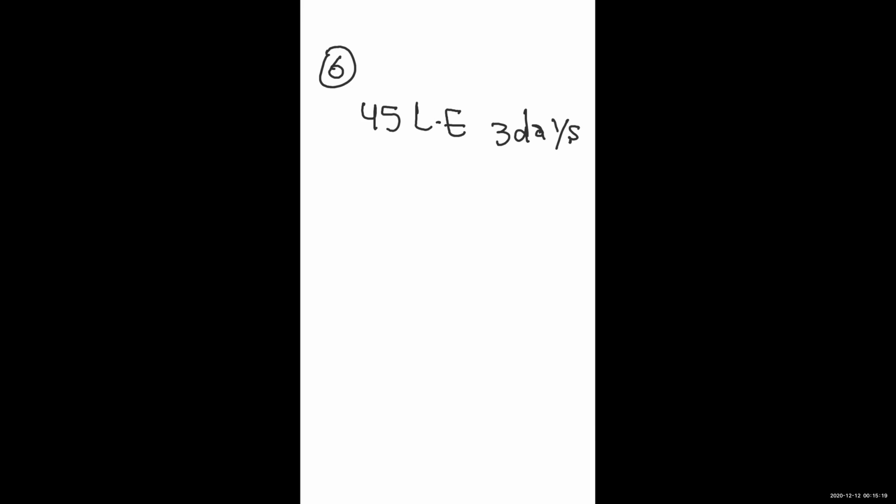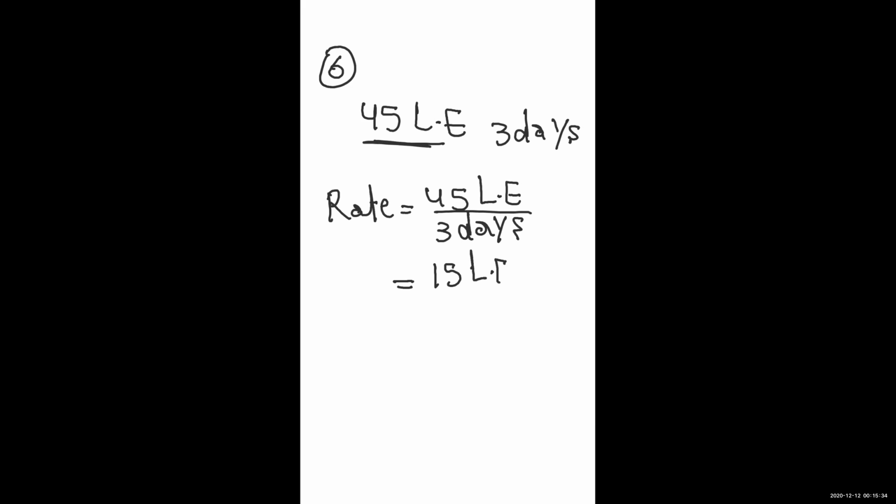Of course, the rate will equal 45 pounds over 3 days. So simply it will equal 15 pounds per day. So he spends 15 pounds each day. This is the rate of what Hassan spends per day.